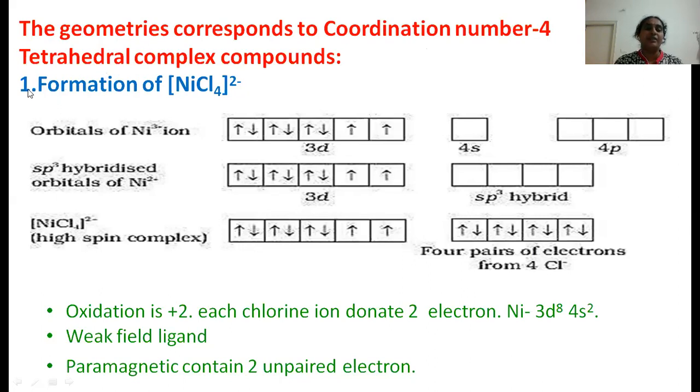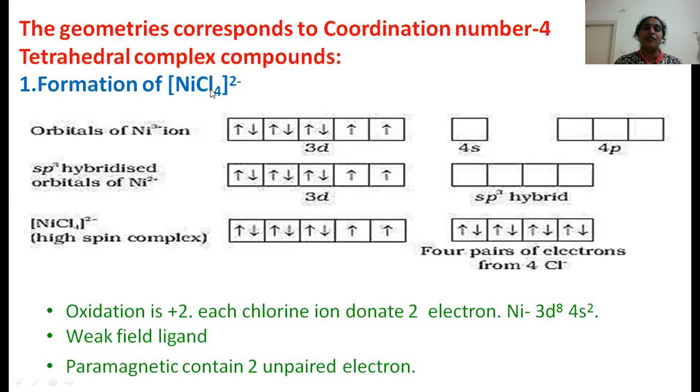For example, consider the nickel tetrachloride complex. First, the valence electrons of nickel: the outermost electronic configuration is 3d8 4s2, because the atomic number of nickel is 28.